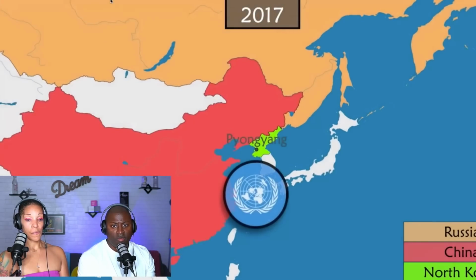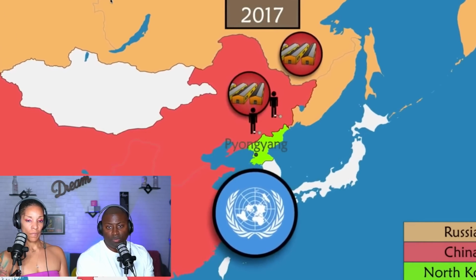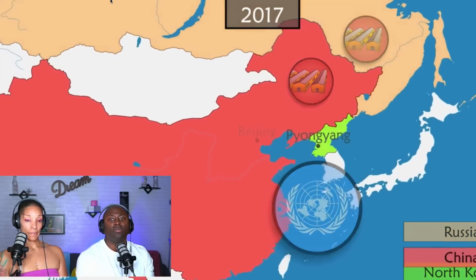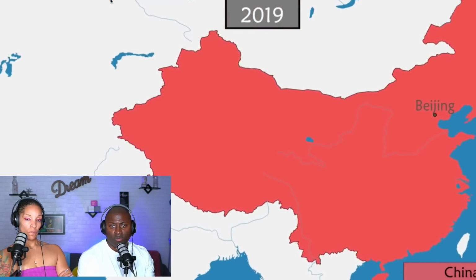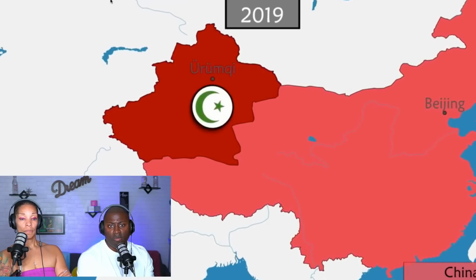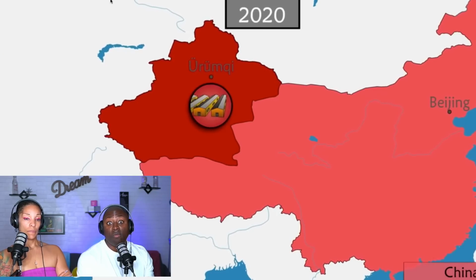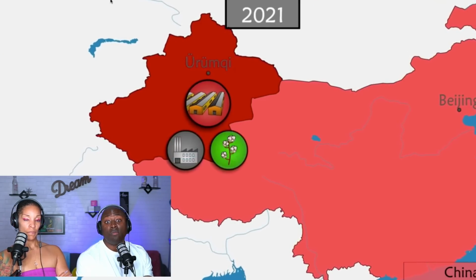In retaliation, the UN imposes new sanctions, including the return of North Korean workers to the country. In October 2018, China acknowledges the existence of re-education camps in Xinjiang, where part of the Muslim Uyghur population is locked up. Some camps are accused of organizing forced labor in factories or in cotton fields.